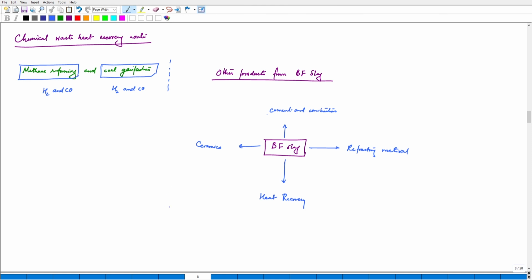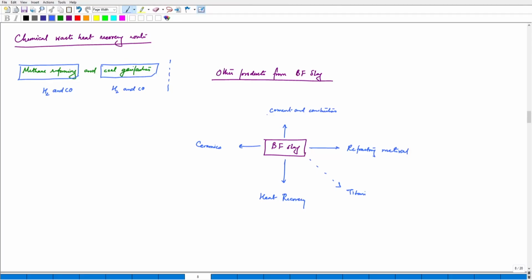We can also have, under certain circumstances, if we have titanium coming into the iron making system, under such circumstances, we can think of titanium recovery also. So it depends whether we have titanium in the blast furnace composition or not. Again, one has to really think of whether it was present in it or not.